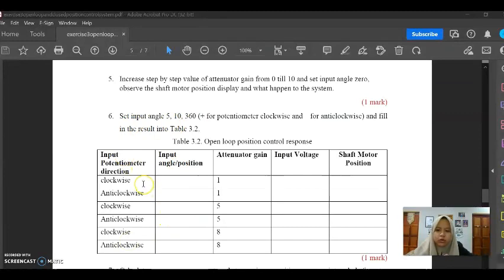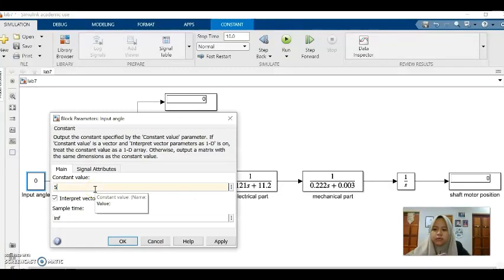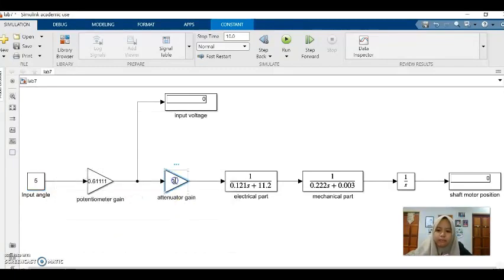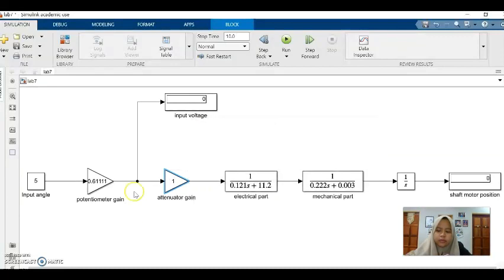Okay, so firstly we input angle position 5 and attenuator gain 1. So we run. Okay, here is the value.